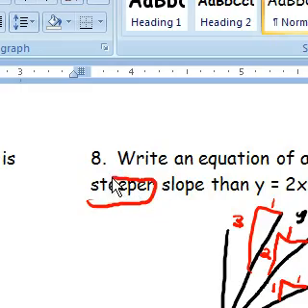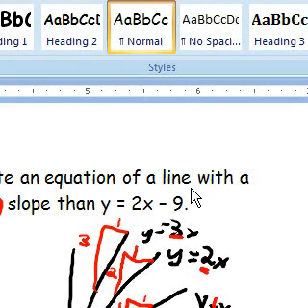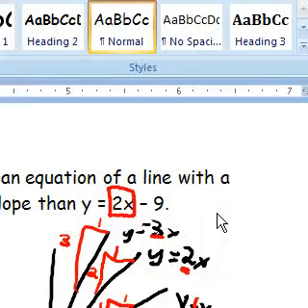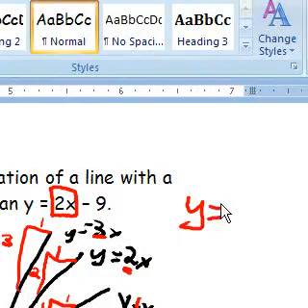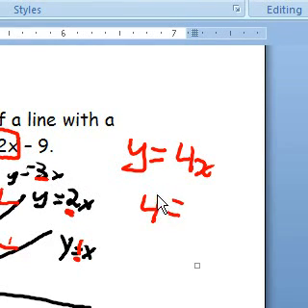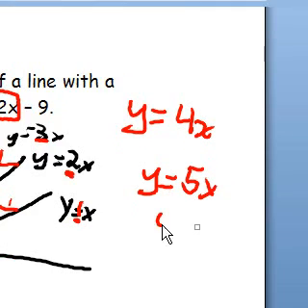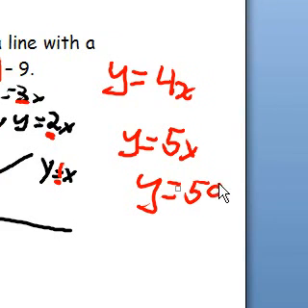So what is another equation that we could write that has a line with a steeper slope than 2x? Well, you could write one that's y equals 4x, or y equals 5x, or y equals 500x.